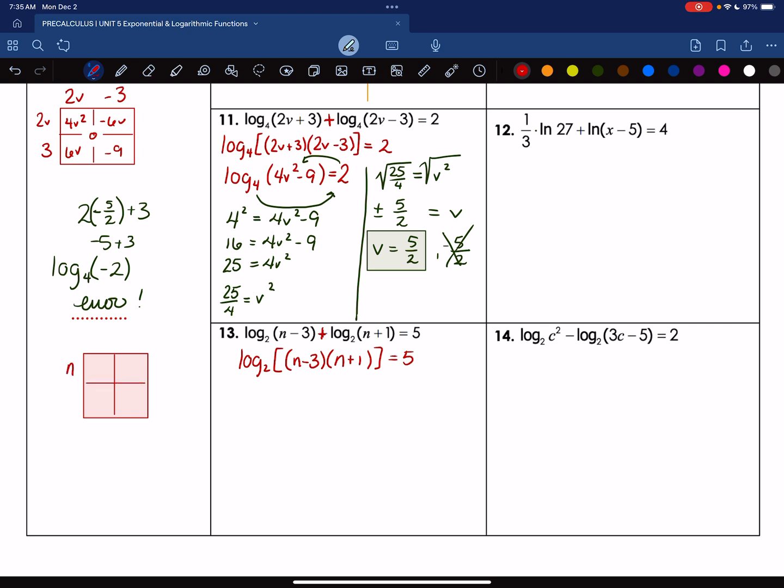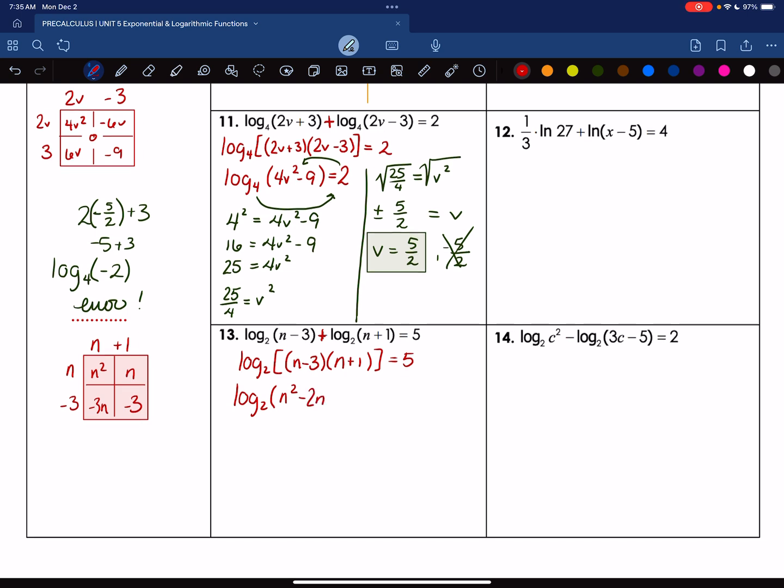And I have n and a negative 3, n and a positive 1. Okay, so this is going to be a trinomial. I'm going to have n squared minus 2n minus 3. That all equals 5.